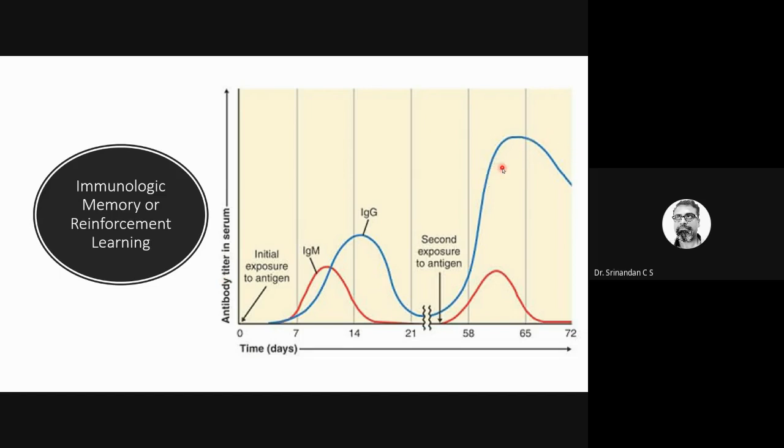So we keep a very high quantity so that no pathogen attack will take place. The booster dose of vaccination is the same as for infection again. So the booster dose also is taken like this.